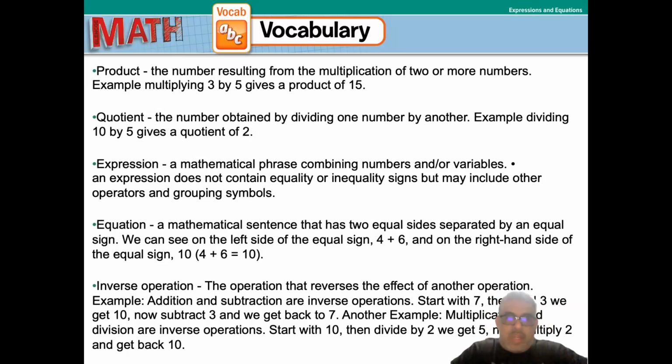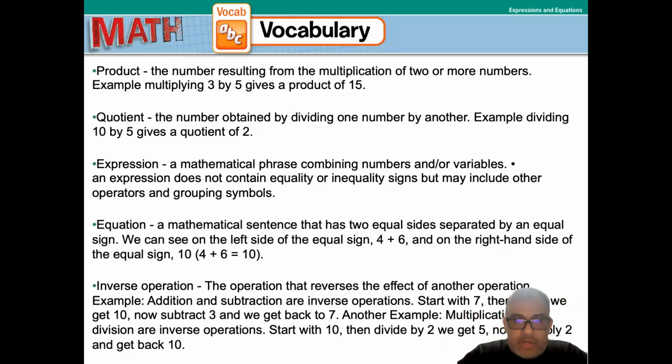the equal sign. We can see on the left side of the equal sign that we have 4 plus 6, and on the right hand side we have 10, because we know that this numerical equation is true. 4 plus 6 is equal to 10. I can show you using my fingers. I put up 4 fingers, then I put up 6 fingers, and I have a total of 10.